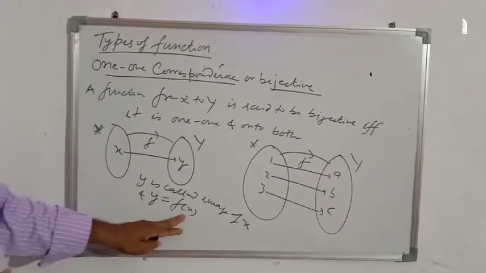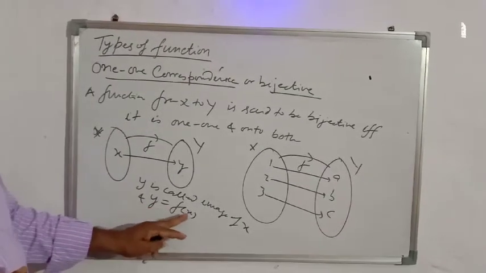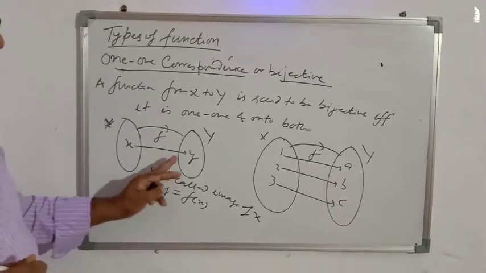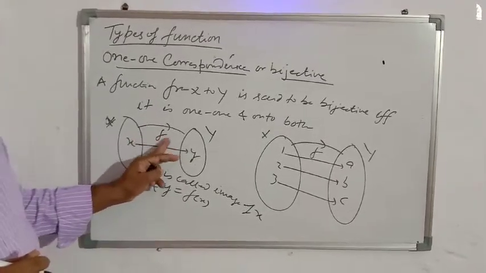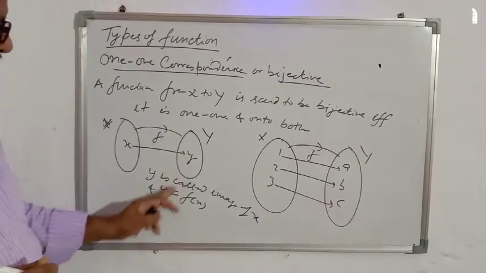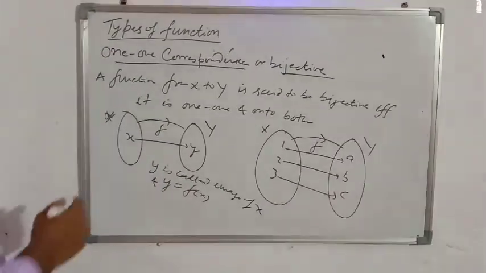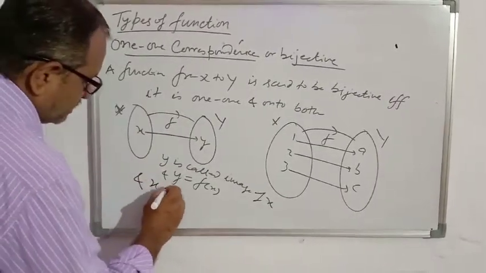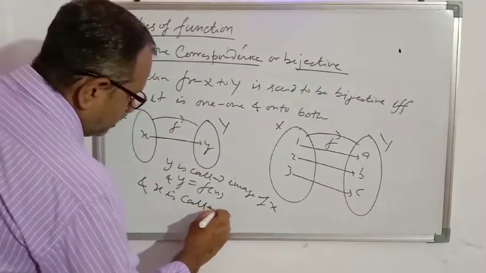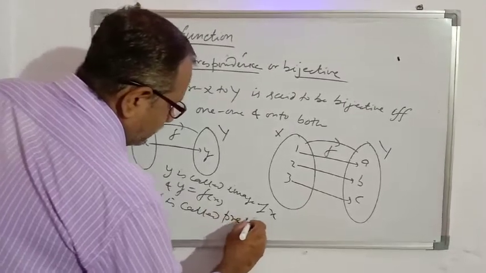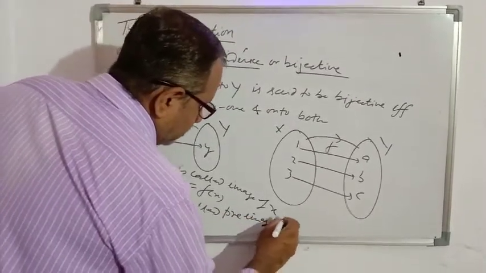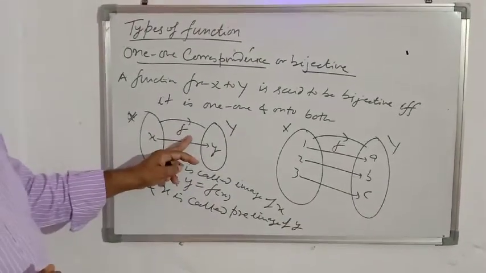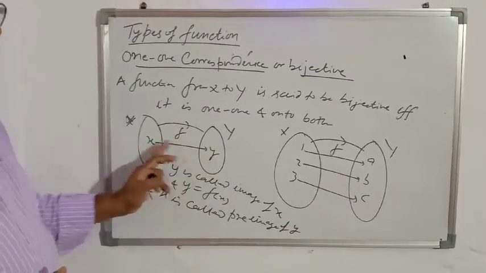Means y is the image of x under the function f. And x is called pre-image of y. Y is called image of x under the function f, and x is called pre-image of y.